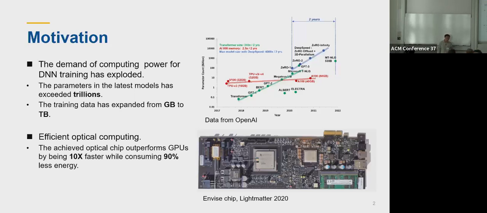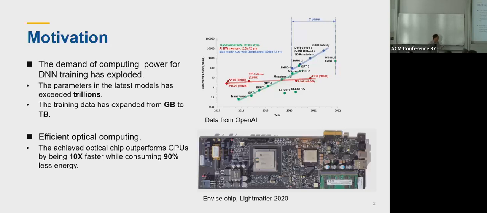Let's go to the motivation of our research. As we all know, with the development of artificial intelligence, deep neural networks have been widely applied in various fields such as computer vision and speech recognition, with exceptional inference accuracy. However, with increases in both the scale and the complexity of DNN models, the number of parameters in the latest models has exceeded trillions.